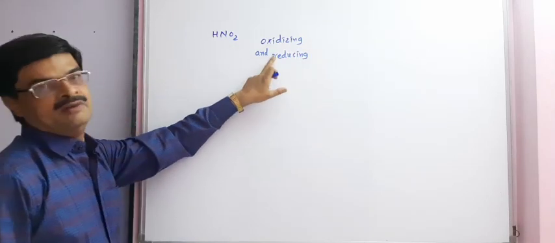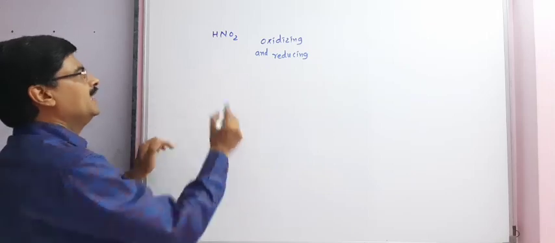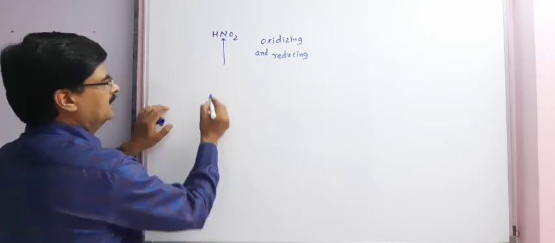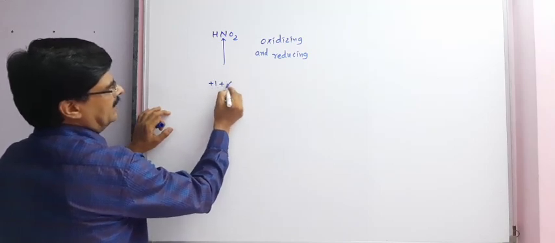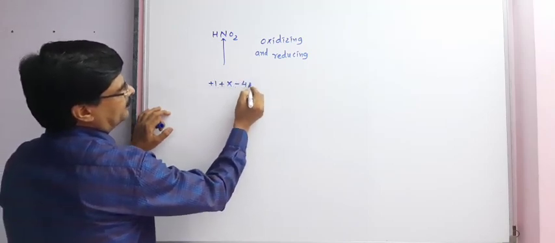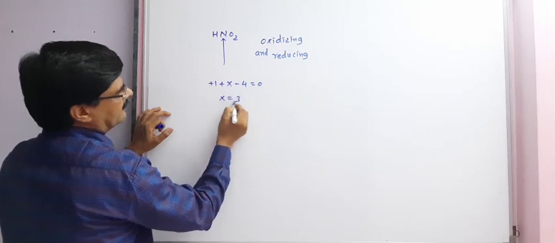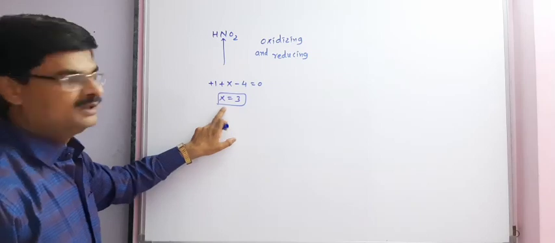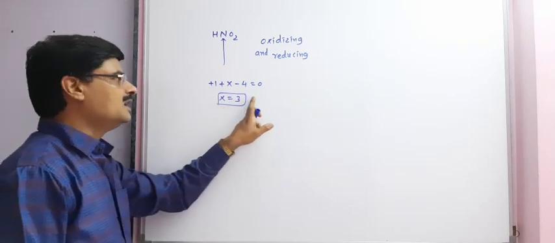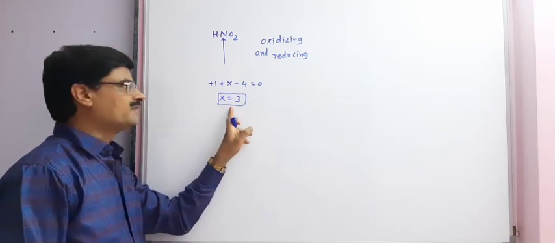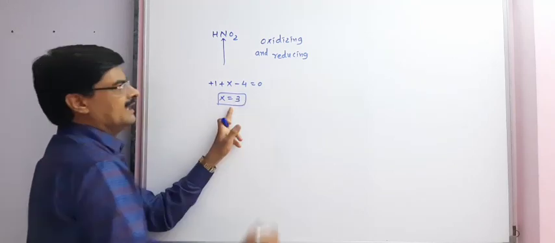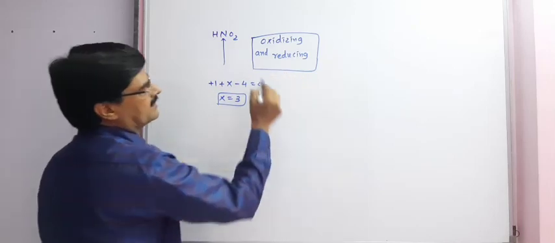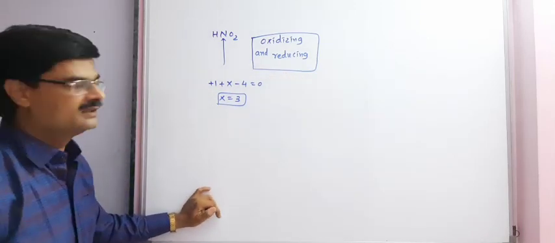Find out the oxidation state of nitrogen in HNO2. Say 1 for hydrogen, X, and 2 times 2, that is 4, for oxygen, we will get X is equal to 3. So it is not maximum, it is not minimum, but an intermediate value of oxidation state for nitrogen, and that is why we can say that it can work as an oxidizing agent as well as a reducing agent.